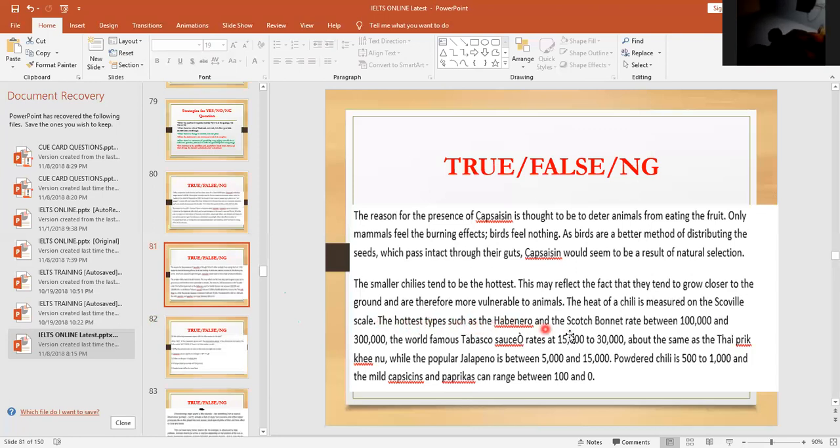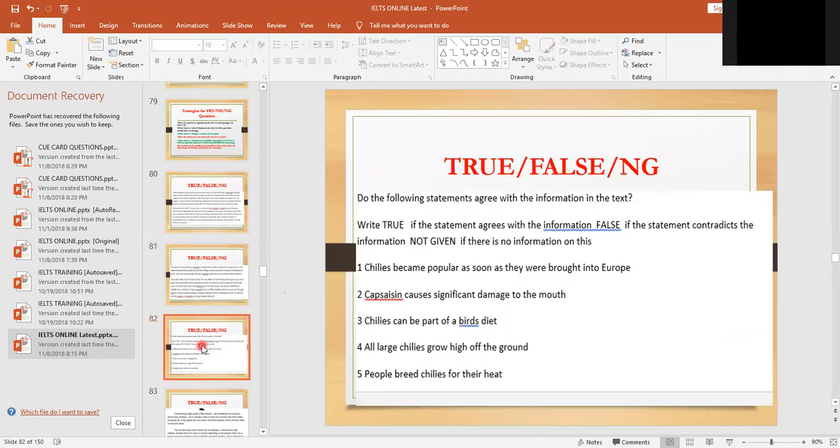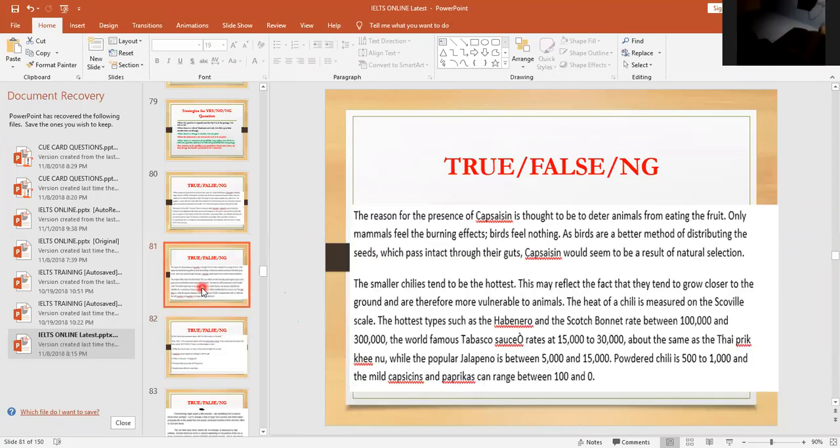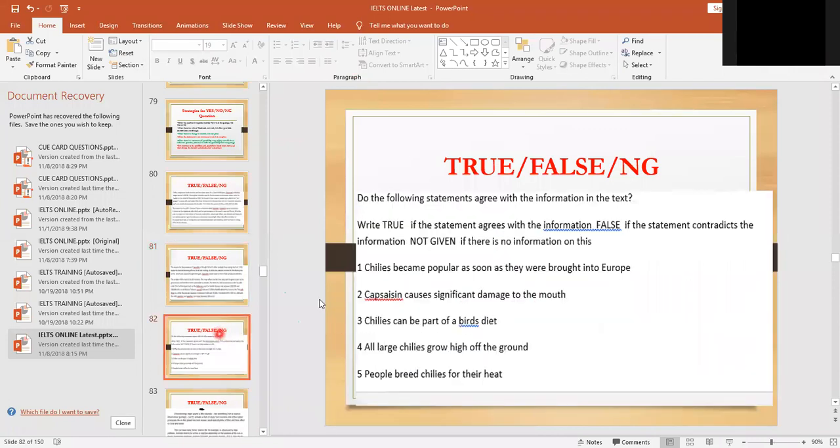The hottest types such as, okay, so throughout the passage, it was talking about small chilies. They grow closer to the ground. Now, what's the main idea of this passage? It was talking about small chilies. This question is about large chilies.